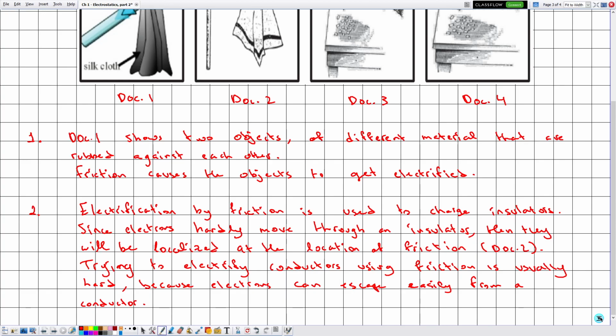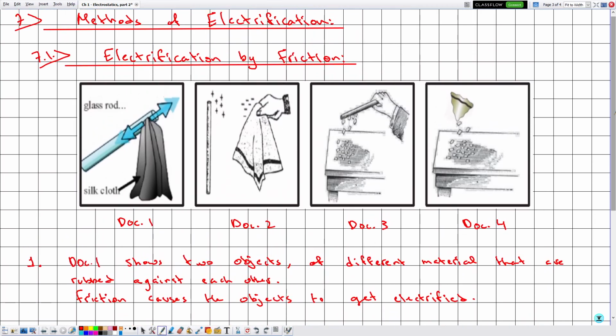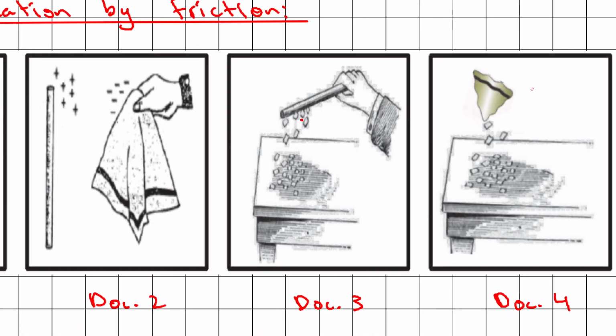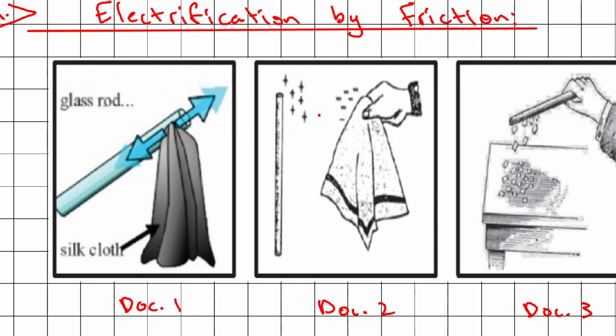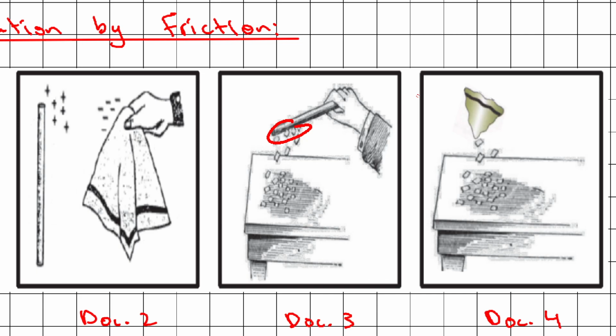Now let's talk about the evidence of electrification. In this case, what is the evidence that both objects have been electrified? Now notice that in document 3, we try to attract some small pieces of paper. So here we have a table. On the table we have small pieces of paper, and we're gonna use the glass rod which is electrified here, and at this specific location in which these charges are trapped, we're gonna try to attract these small pieces of paper.